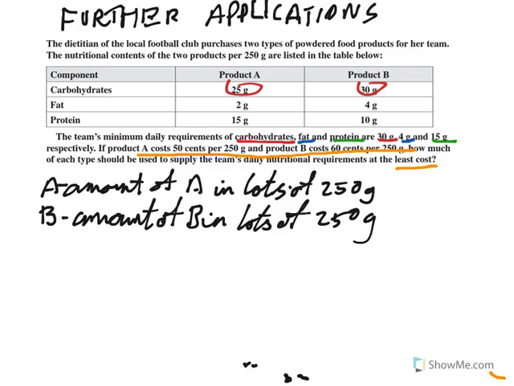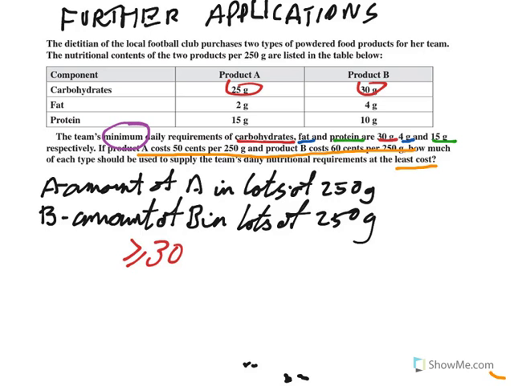Looking at the carbohydrates to begin with, and I'll put these in the colours that I've underlined them in. So for the restrictions, these are minimums, sorry, minimum daily for these things. So whatever we get has got to be greater or equal to 30.